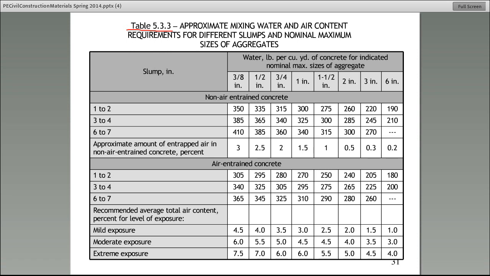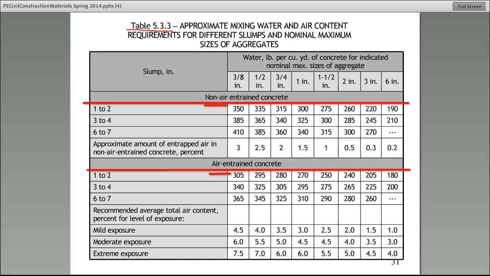One thing I want you to pay attention to is that this table actually is in 2 separate sections. The top section you use if you're designing non-air entrained concrete. And then there is a bottom section to it, as you can see, and you concentrate on that part of the table if you're designing an air entrained concrete.